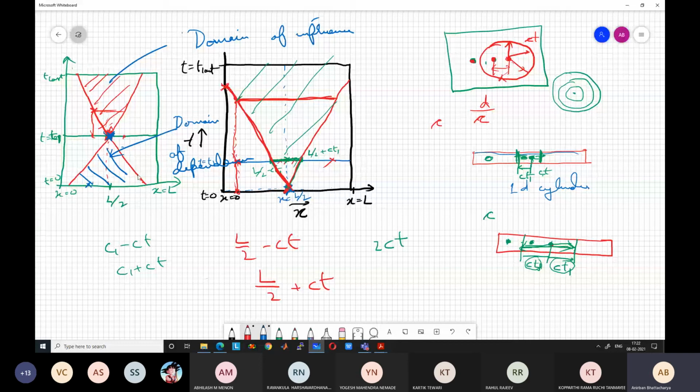You can show it if you consider different cases of perturbation. I will give you one hint. If a perturbation has occurred here, the information about it will again travel at speed c, so the zone of influence of this point will be bounded by these lines, right?